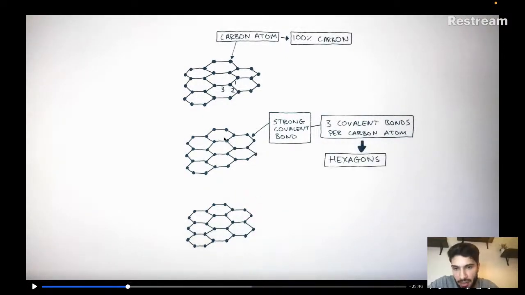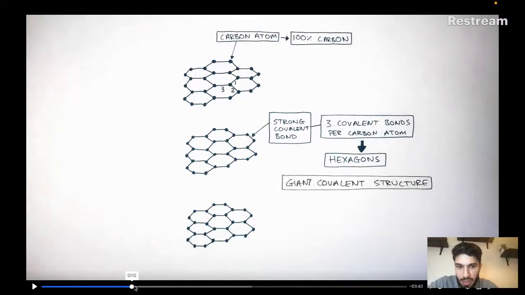Okay, and we can see that there are hexagons. These form hexagonal shapes within the sheets. And this is a giant covalent structure because we have covalent bonds between the atoms, and there are billions and billions of carbon atoms bonded together where the size of the substance can change.